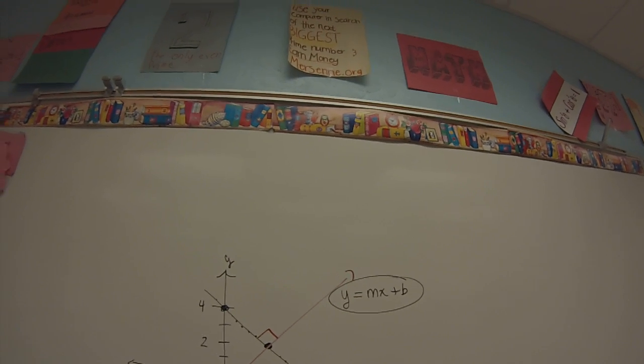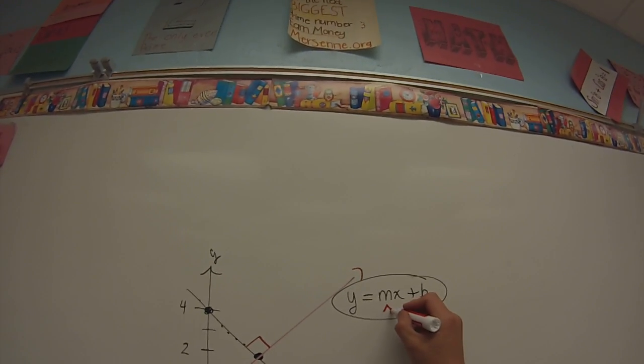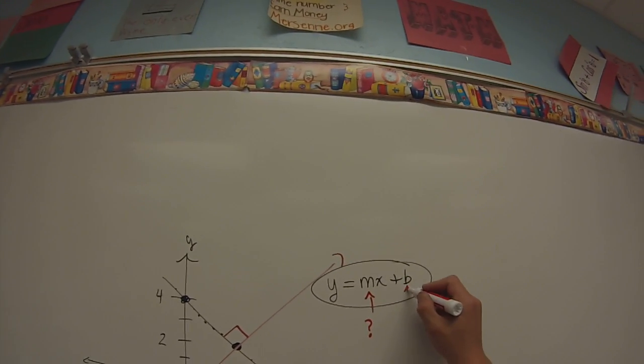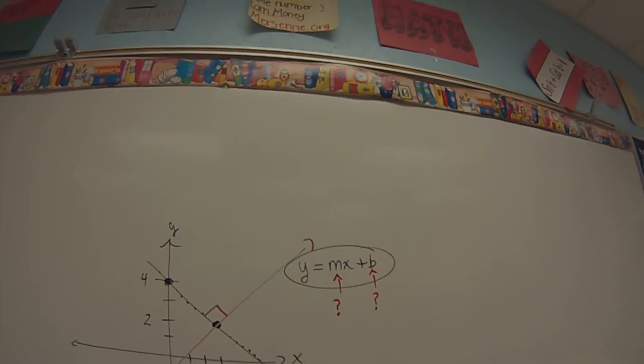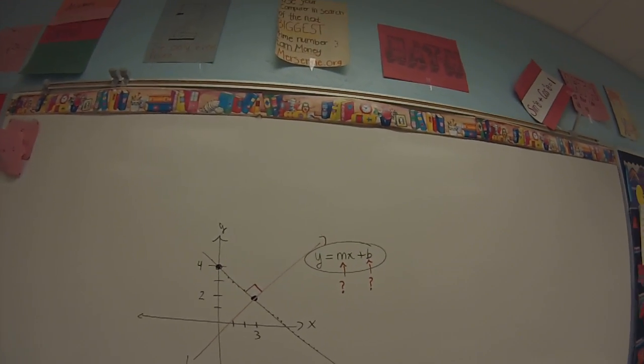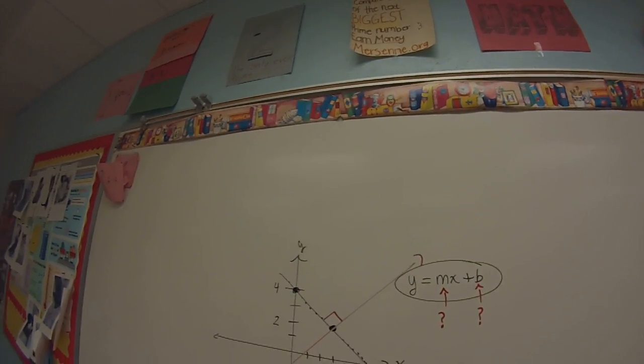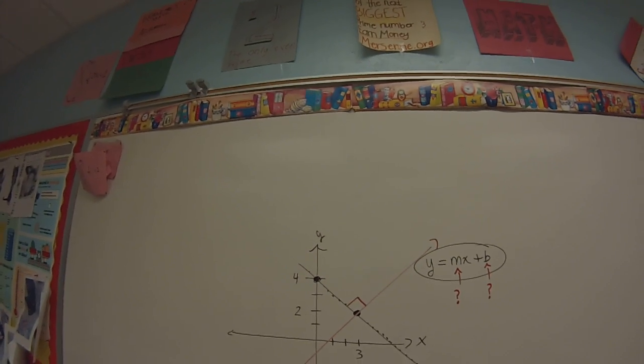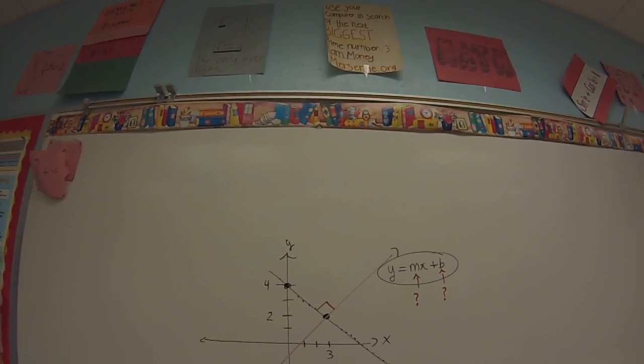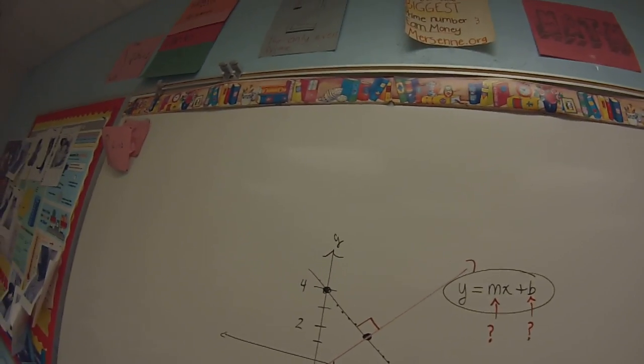So I'm going to concentrate on finding the slope of the line first. And then I want to concentrate on finding the little b, which is the y-intercept. So how do I find the slope of this line? Well, it's very simple to do that. Okay, there's a connection between both lines.